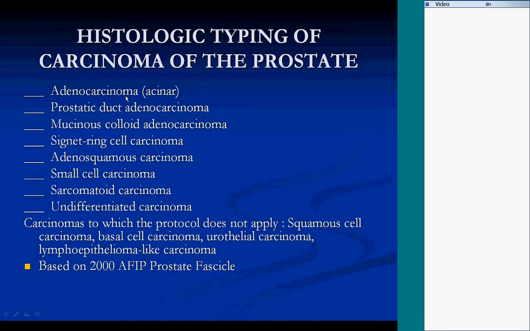And so if one did not diagnose adenocarcinoma of usual type, which is about 95% of all of our cases, then one should specify the other histologic types of carcinoma as we see in this list, including, and now we'll list them, prostatic duct adenocarcinoma, mucinous or colloid adenocarcinoma, signet ring cell carcinoma, adenosquamous carcinoma, small cell carcinoma, sarcomatoid carcinoma, and then an undifferentiated carcinoma.